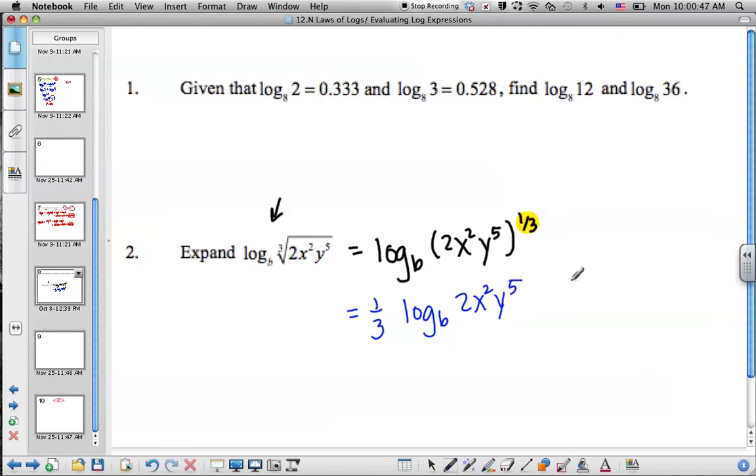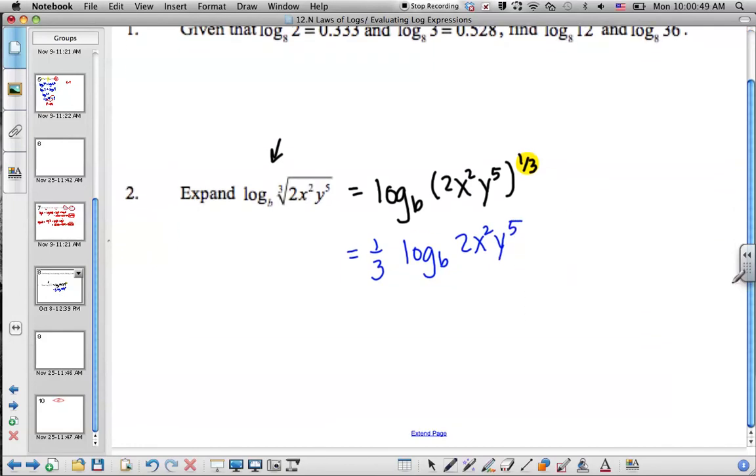And now this is where you really need to be careful with your parentheses. So we can expand even more if we have numbers multiplied here. We can use our product rule and say this is the same thing as log base b of 2 plus log base b of x squared plus log base b of y to the 5th.